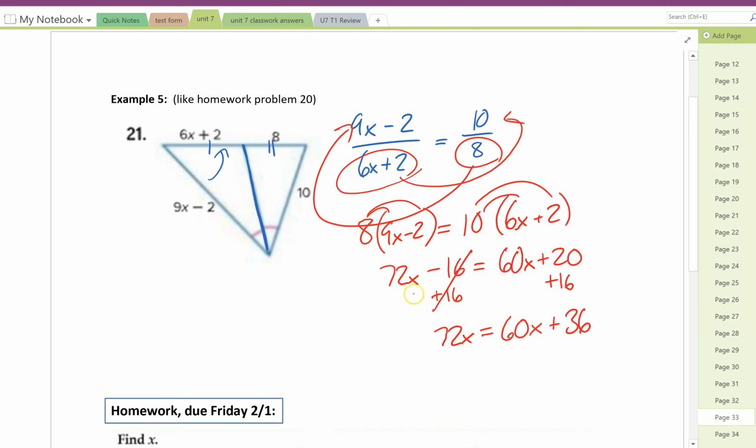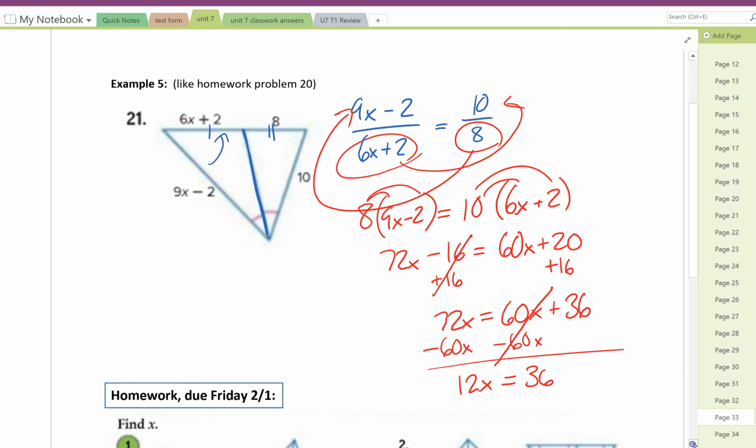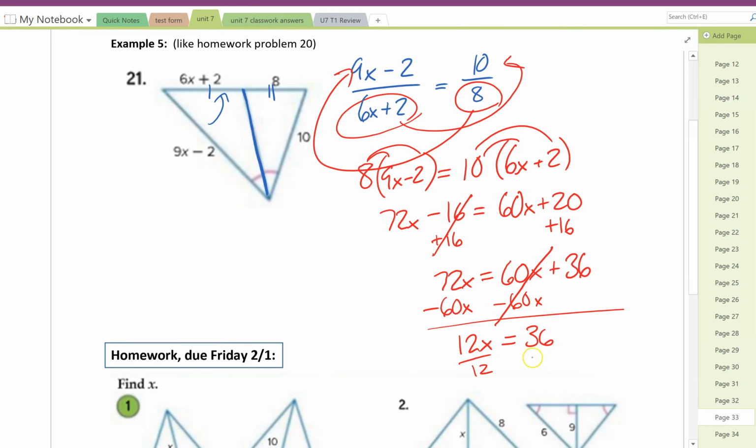I want X terms on the left, no numbers. On the right side, I just want numbers, so I don't want this 60x anymore. I subtract it from both sides, it goes away. 72x minus 60x leaves me with 12x being equal to 36. Divide both sides by 12. X is just 3.